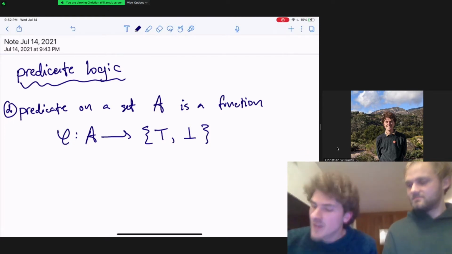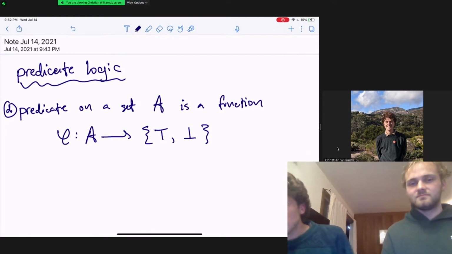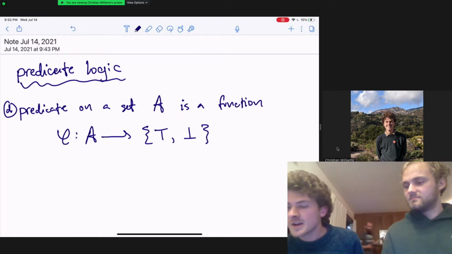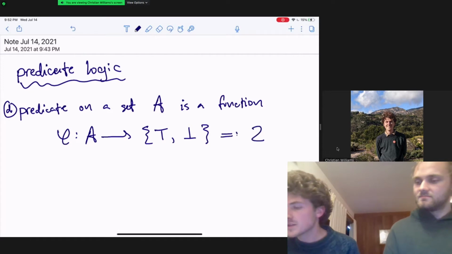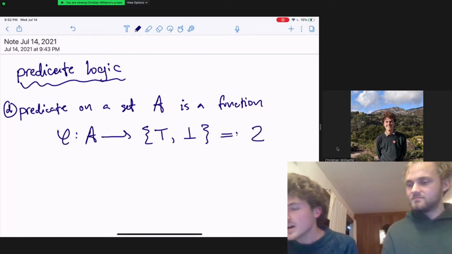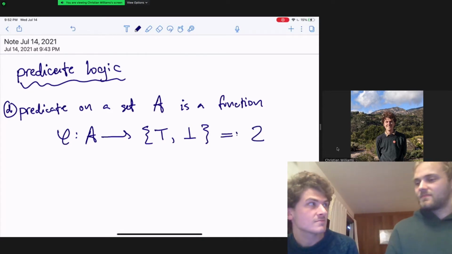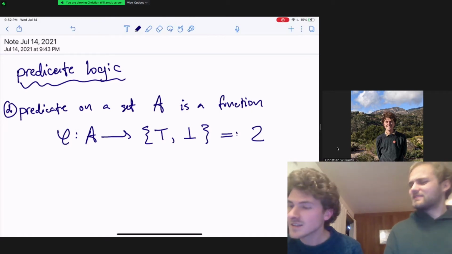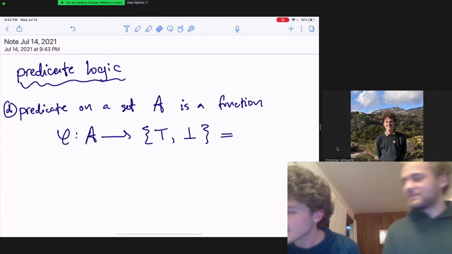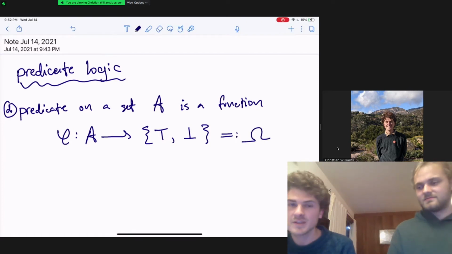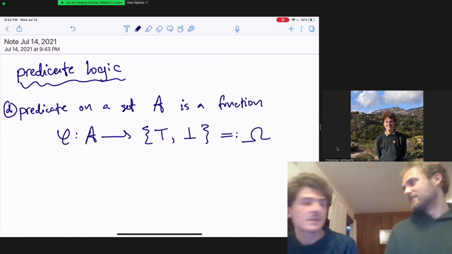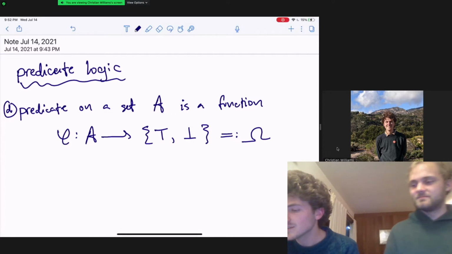So when we think about predicate logic, if we call this special set 2, or do you want to call it omega? Let's call it omega. Let's get fancy. This would also be known as Prop in type theory.